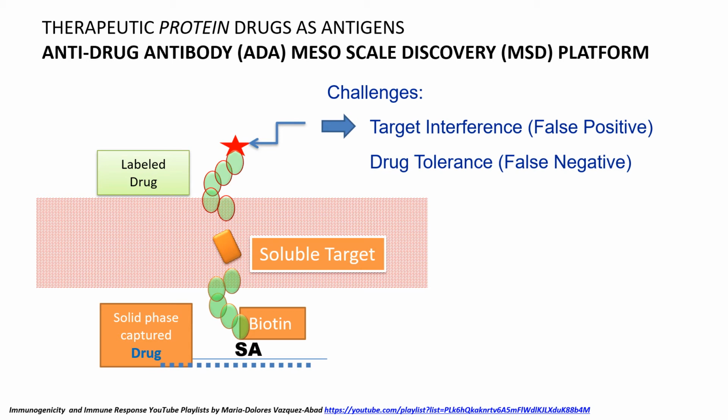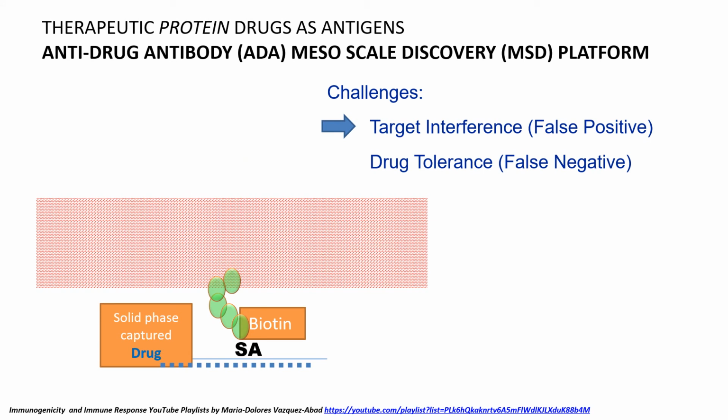And there are different ways to get rid of that soluble target in the blood sample from patients without getting rid of antidrug antibodies. So those are different protocols. You could use acids or incubation with soaps or different kinds of things that can get rid of the target or dilute it sufficiently so that they don't interfere, producing a false positive result.